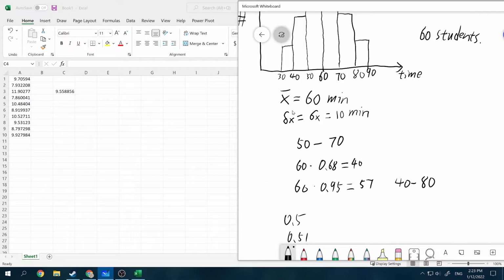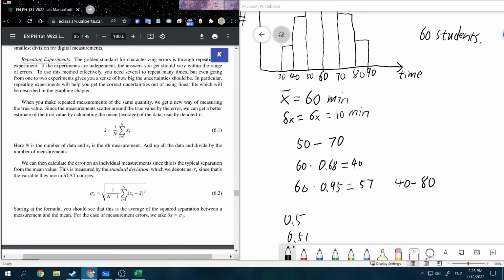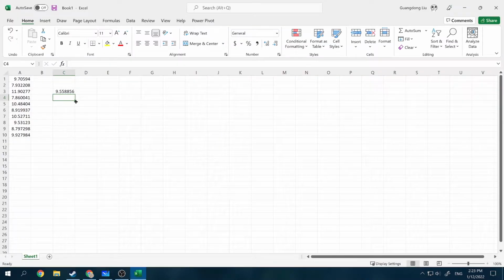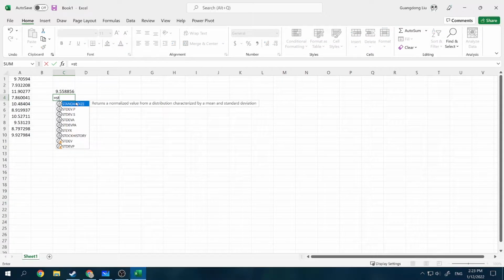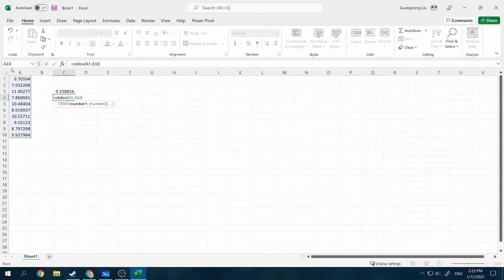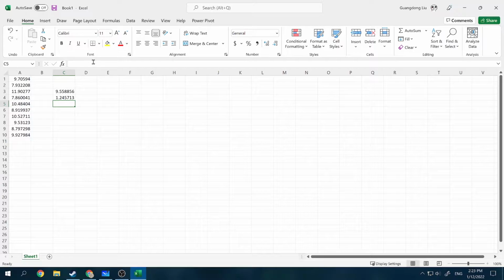Then we want to calculate the standard deviation, which you need to use this formula, but Excel has a formula and you don't have to input it manually. You just input equals STDEV bracket of this bracket, and then now this is your standard deviation, this is your average.